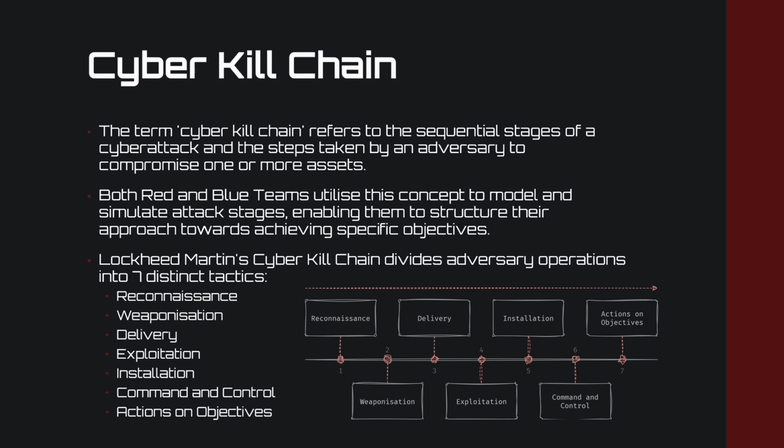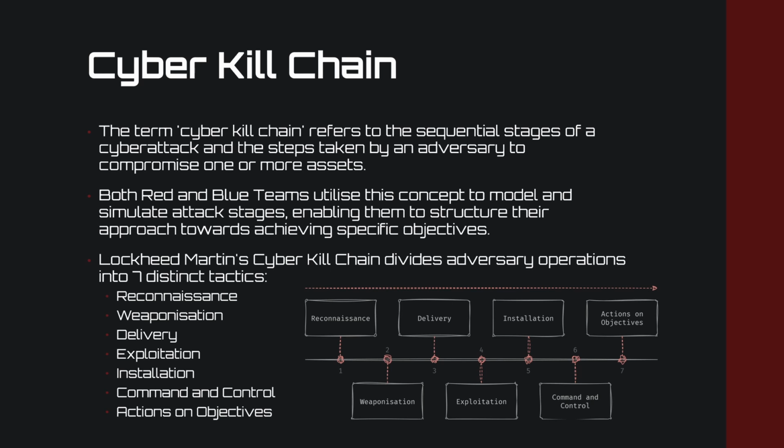Now, the cyber kill chain is not really a standardized model. As I said before in the previous slide, there are a few so-called kill chains that do exist. In particular, the Lockheed Martin cyber kill chain divides its adversary operations into 7 distinct tactics, but other kill chains can be totally different.